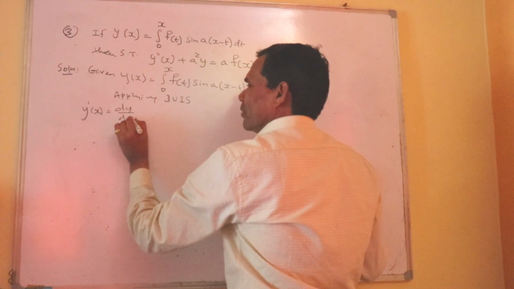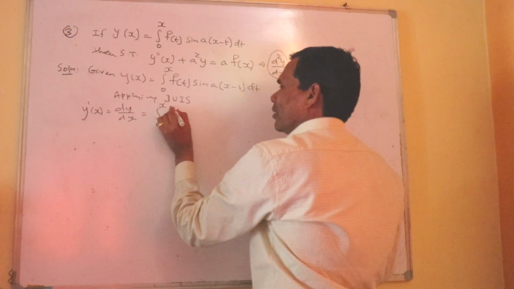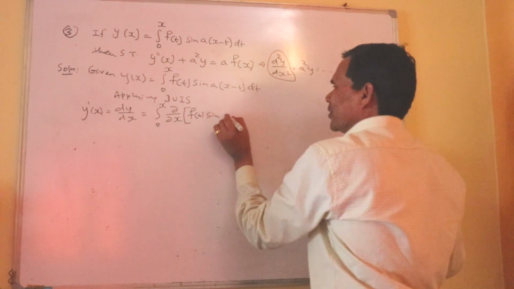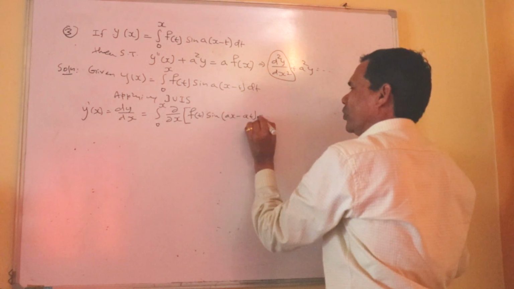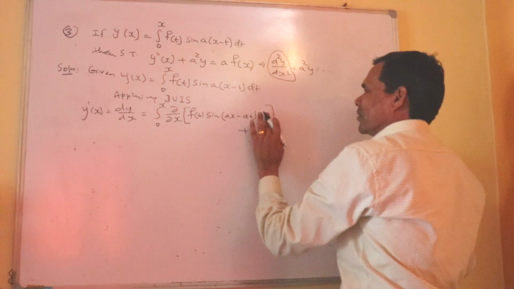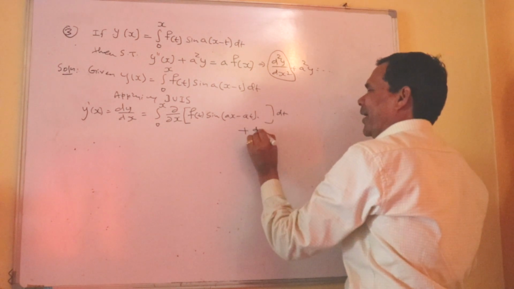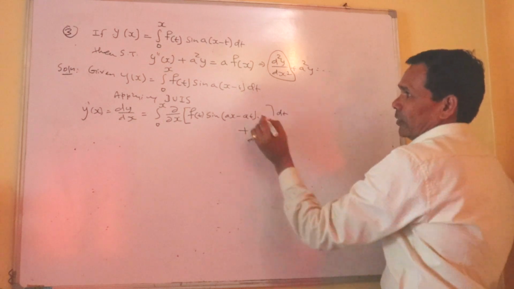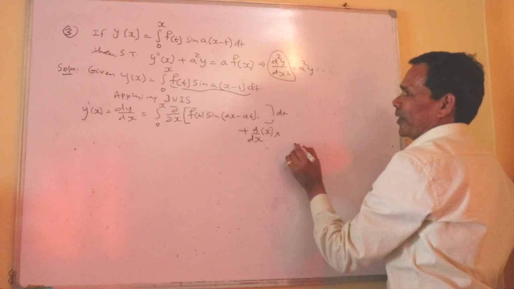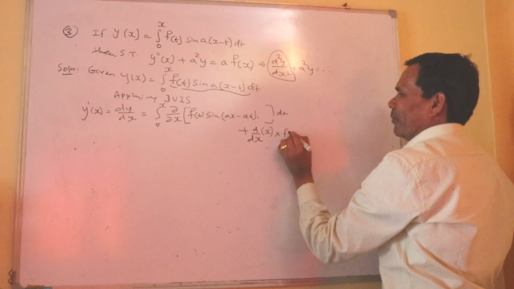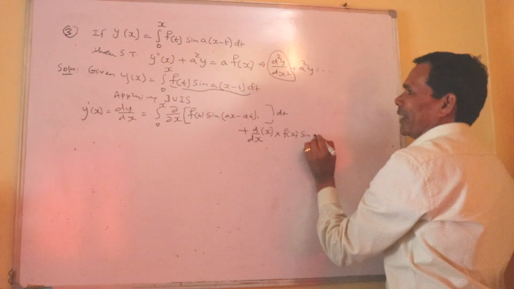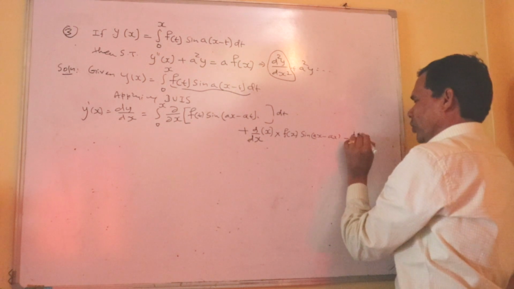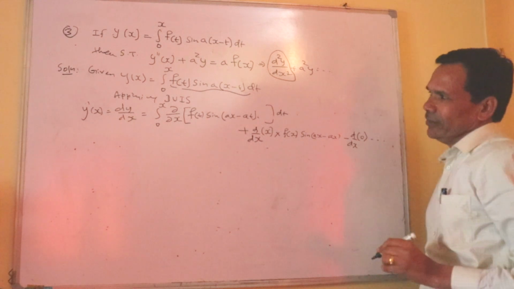This is equal to the integral from 0 to x of the partial derivative with respect to x of f(t) sine of a(x minus t) dt, plus d by dx of the upper limit, which is x, multiplied by the function where t is replaced by x, f of x into sine of a(x minus x). The lower limit 0 vanishes automatically.